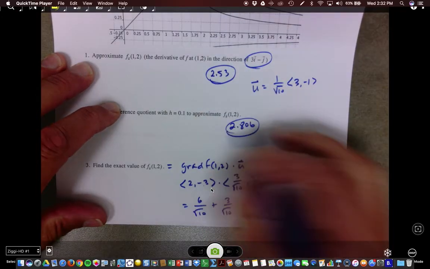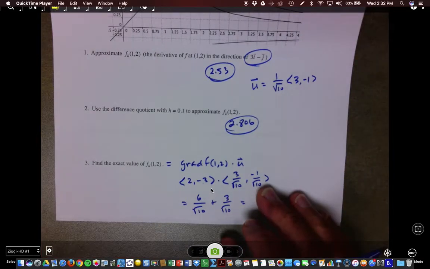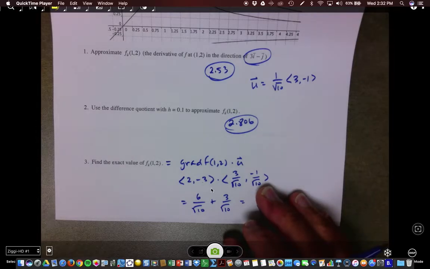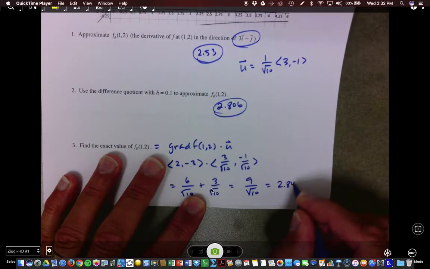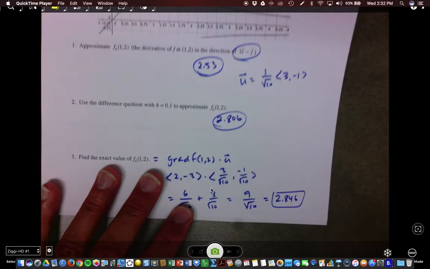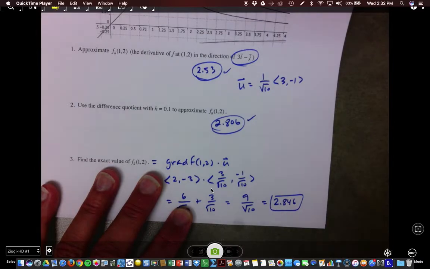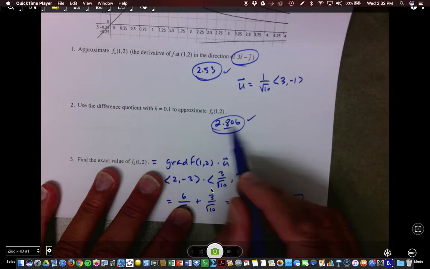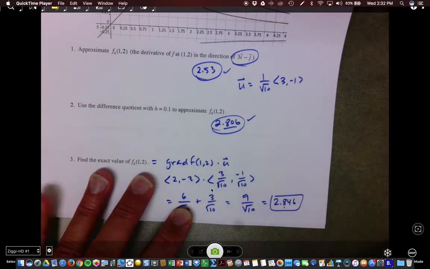Okay, so there are our two approximations, and if you put this in the calculator, that number ends up being equal to 2.846. So 2.846 is the actual answer, and you can see that these two approximations weren't too bad, but this one was better, and we said that earlier. The actual value is 9 divided by the square root of 10.